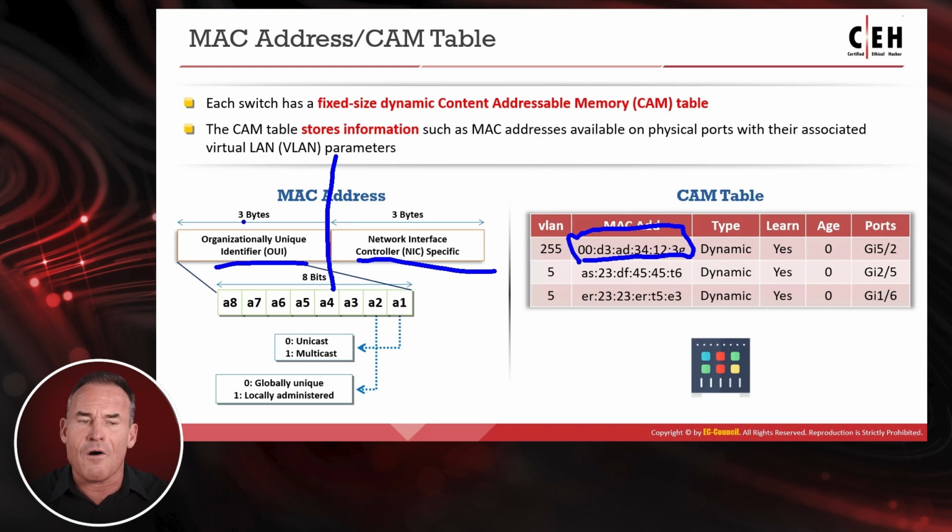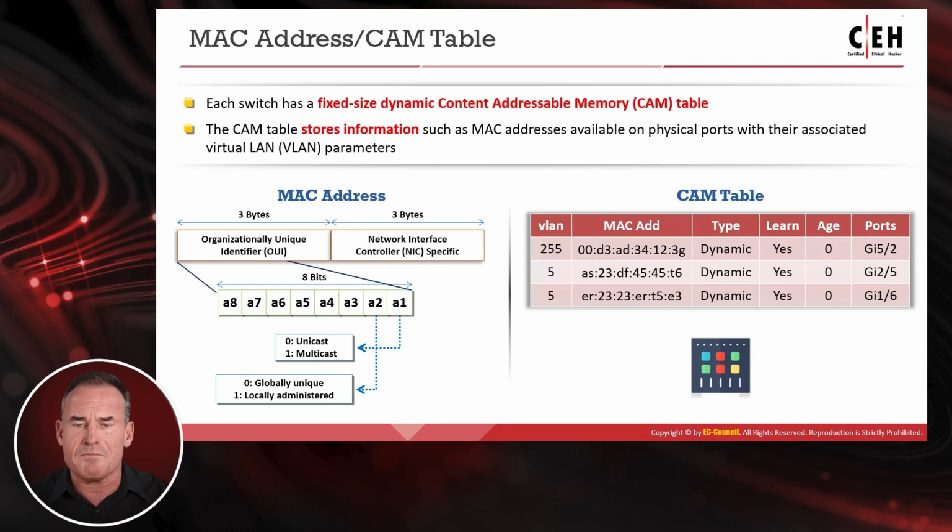So between all 24 bits in each half, 48 bits total, or 6 bytes, you get a globally unique MAC address. That globally unique MAC address cannot be physically changed, but you can specify a MAC at the OS level or in software. So that gets burned into a card and it never changes.